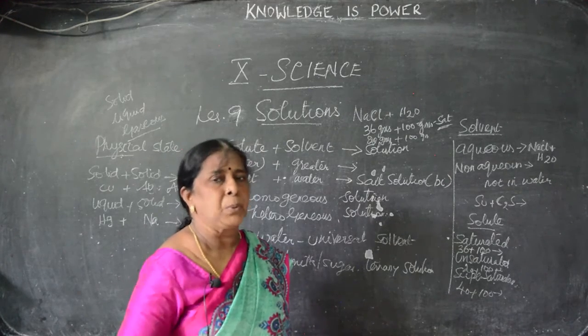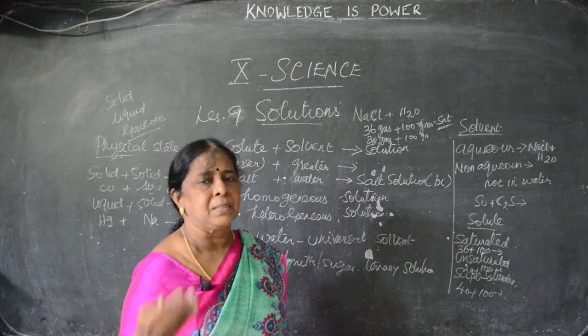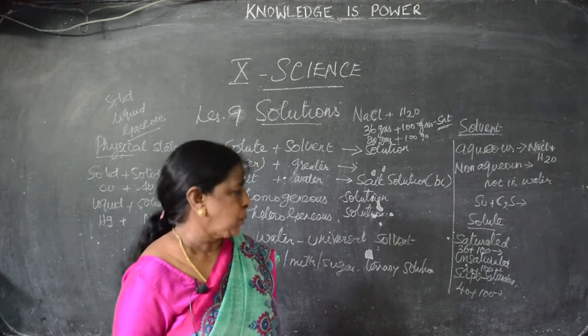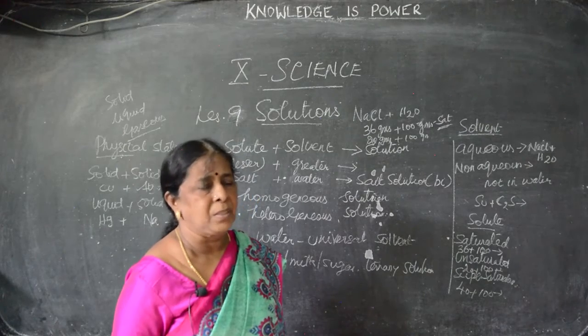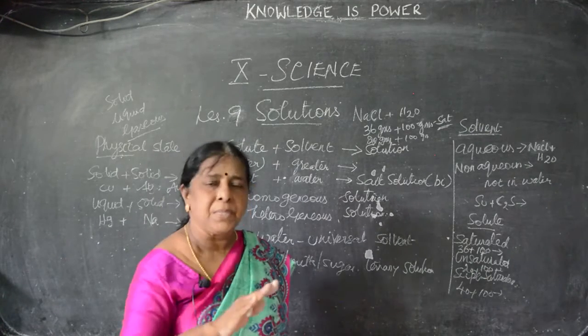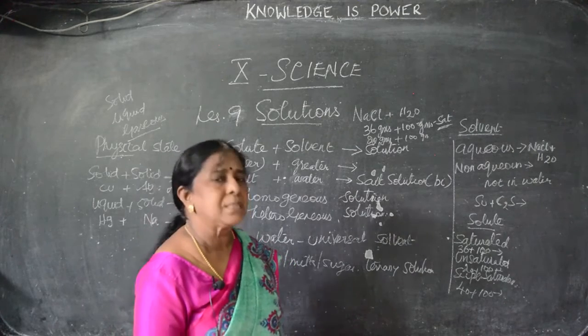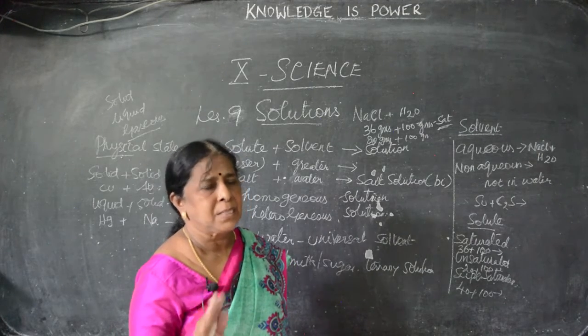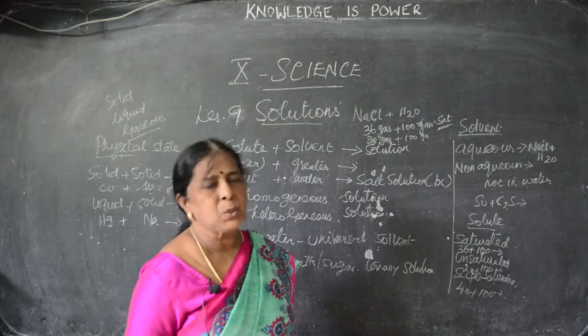Supersaturated is more solute, more than 36, like 37, 38, 39, 40, added to the same 100 grams of water. Here the solvent never changes; only the solute changes. The correct amount of solute means saturated, less means unsaturated, more means supersaturated.